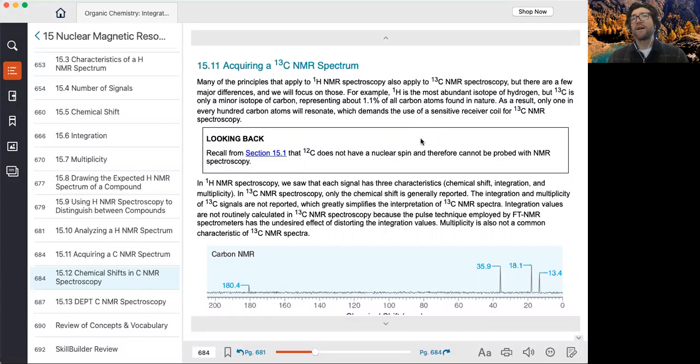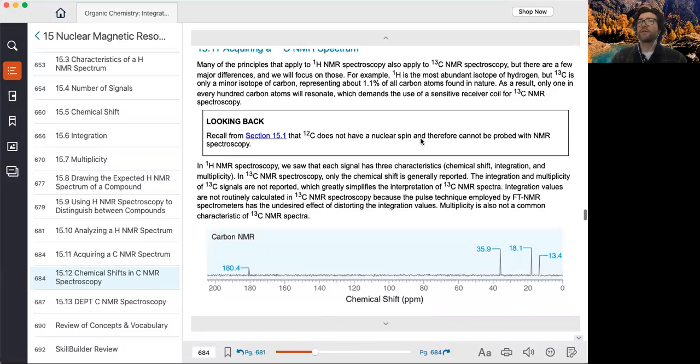For instance, the pulses that we use to generate the resonances in carbon NMR aren't typically long enough to allow us to actually integrate these signals.